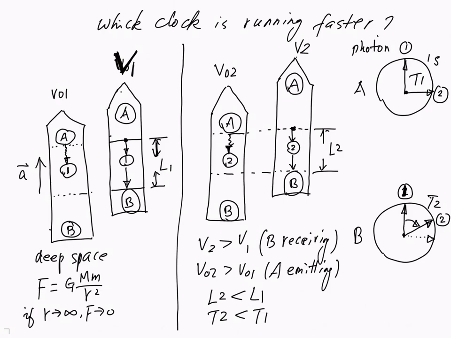When clock A emits 2 photons 1 second apart, clock B receives those 2 photons at a gap smaller than 1 second.